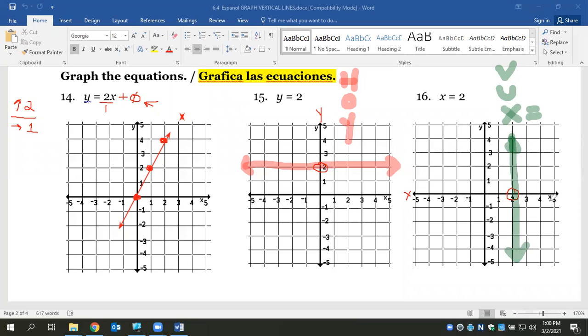Okay? So that's how you answer those. When it says HOY, that's y equals. When it says x equals, it's VUX. Vertical, undefined, x equals. Horizontal, zero slope, y equals.